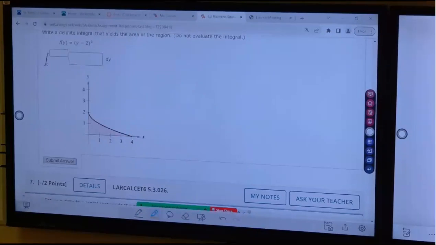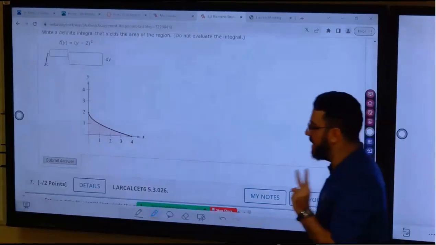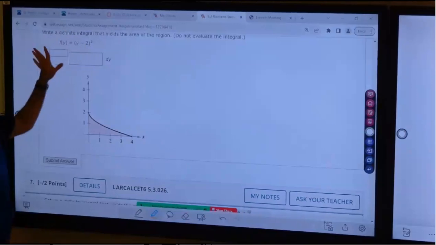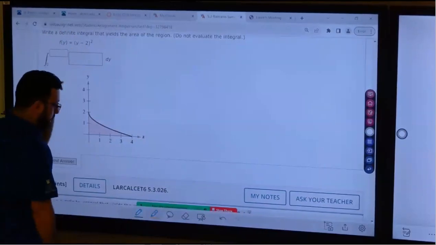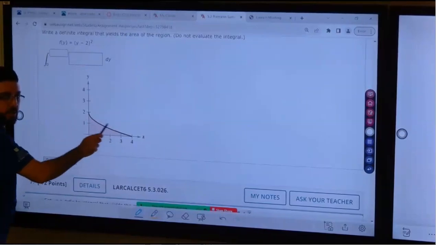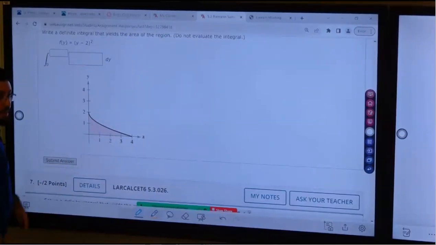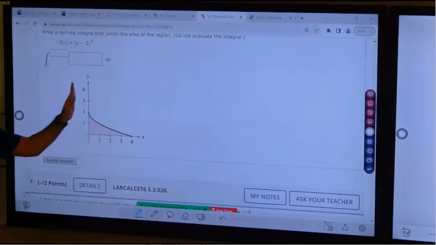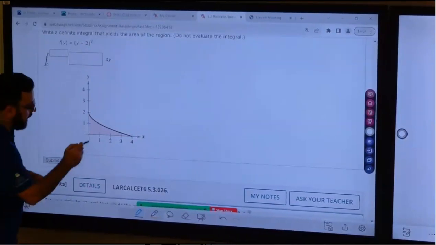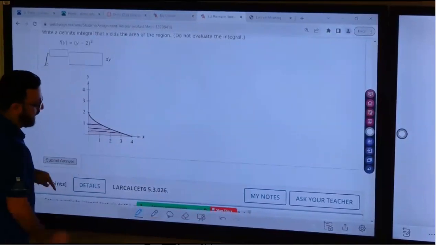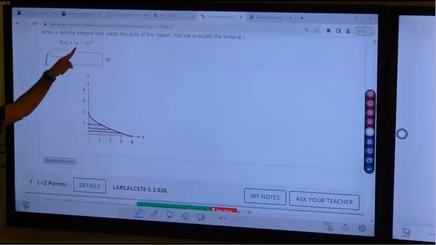We can do the integrals with respect to the x and the y. That means, without looking at what they're telling you here, you can graph the rectangles on the x and the rectangles on the y, if you have the function. But look, the function is written in terms of y. So the only thing I can do with this graph is graph our rectangles with respect to the y, because our function is with respect to the y.